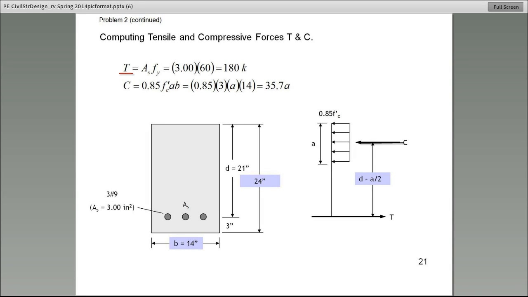So T, the total load on the tension side, is AS times FY. In this case, it comes out to be 180. This K, by the way, please just go ahead and write kips. That is 180 kips.